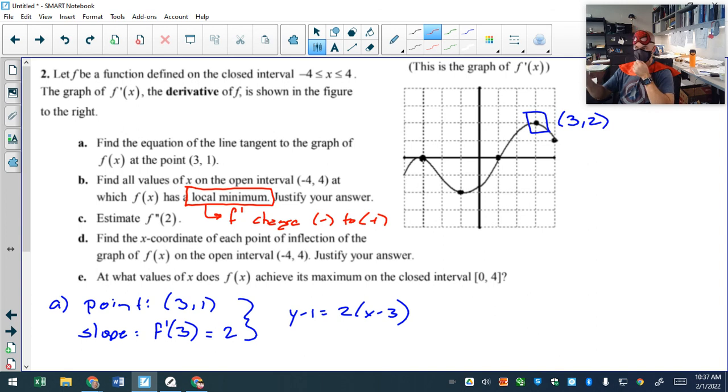I see local minimum, I think derivative negative to positive. Then I look at the graph. Does the derivative ever change from negative to positive? Yes. Where does that change happen?